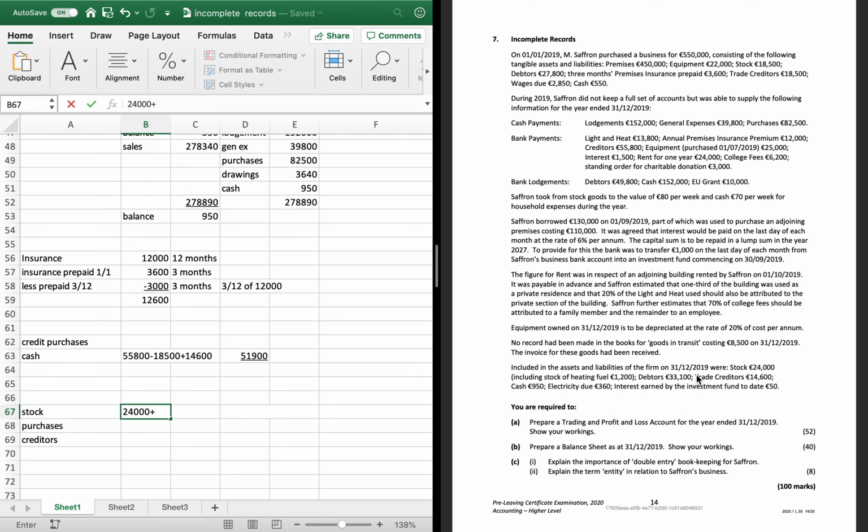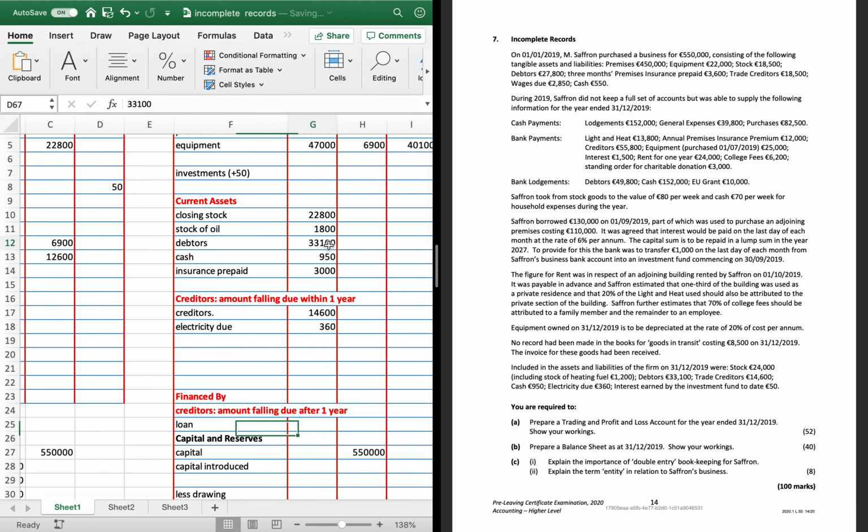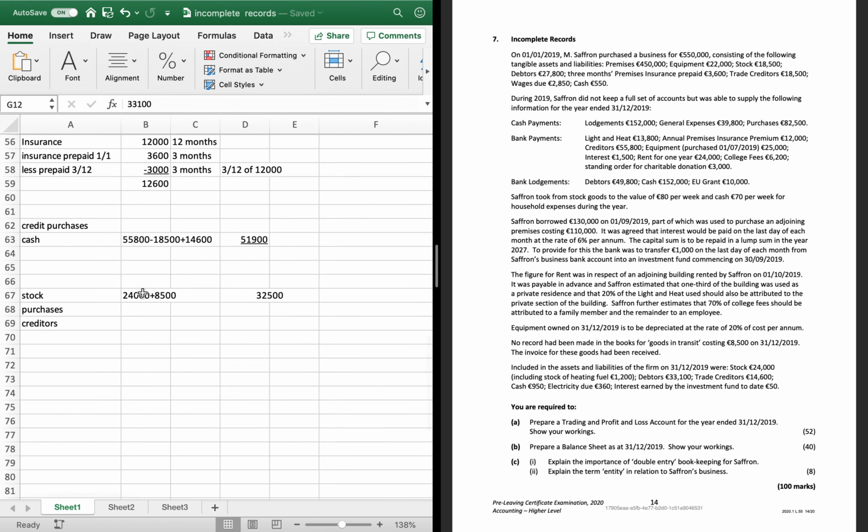So 24,000 plus 8.5 should give us 32.5. So I know now that my stock in my balance sheet should be 32.5. So I'm going to go and change that. Sorry, it should be 22.8 plus 8.5.